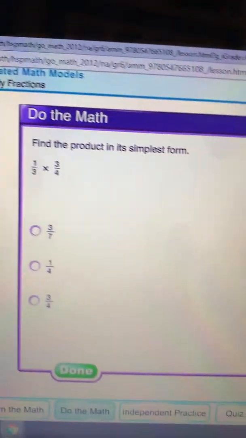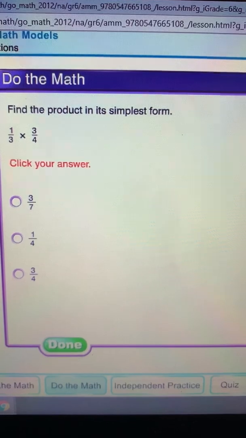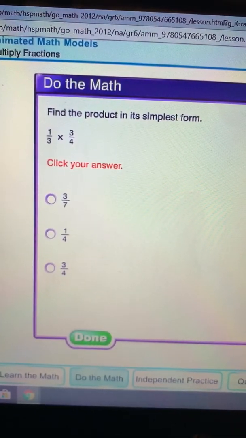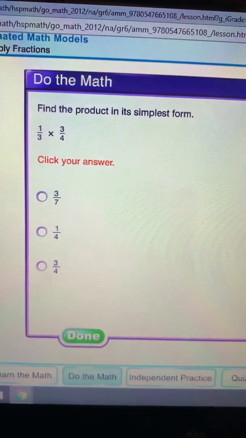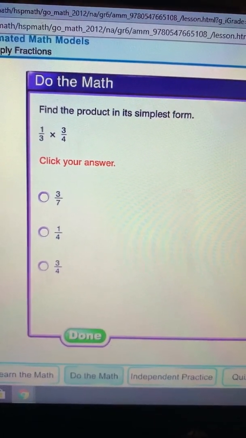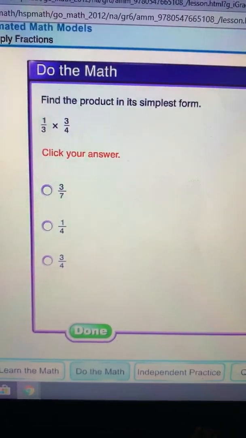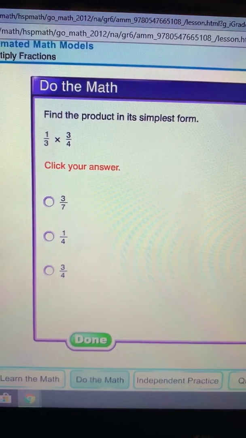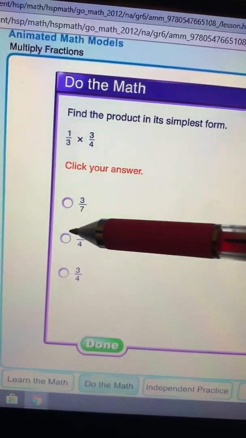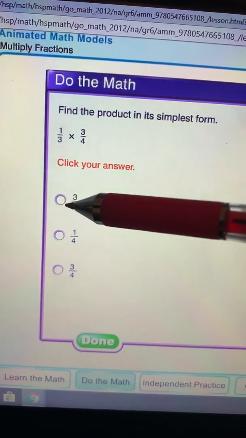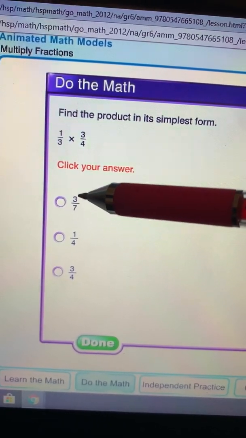Our next question wants us to find the product again in its simplest form. It wants us to find 1/3 of 3/4. Go straight across. 1 times 3 is 3. 3 times 4 is 12. However, you don't see the answer 3/12 on the menu because you have to reduce 3/12. They both go into 3.